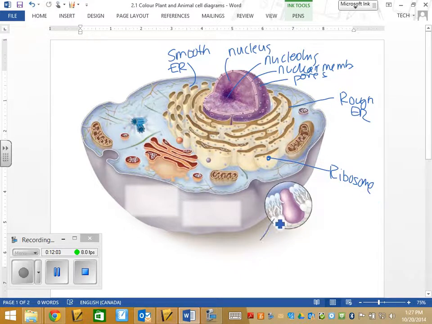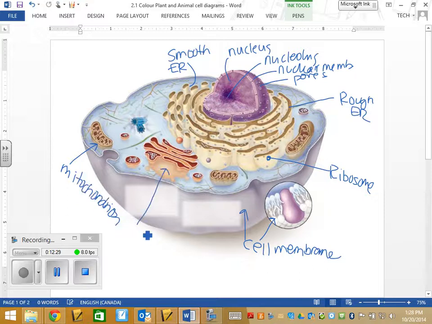Now this picture here, like a few people asked me, is the same as the outside of the cell, but it's the zoomed in view. This is simply the cell membrane. An animal cell does not have a cell wall. It only has a cell membrane. Here is a mitochondria, but there are several.